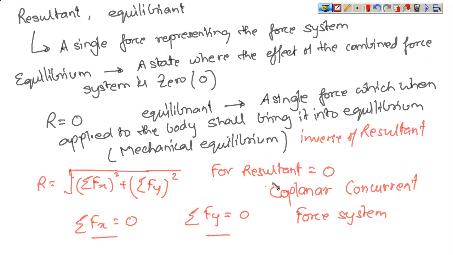It is a very common question which is asked in your examinations: what are the conditions of static equilibrium for a coplanar concurrent force system? For a coplanar concurrent force system, the equations of static equilibrium are sigma Fx and sigma Fy both equal to 0.